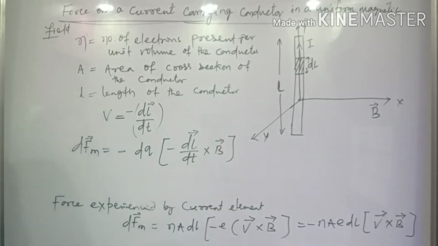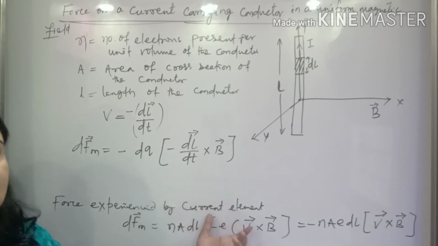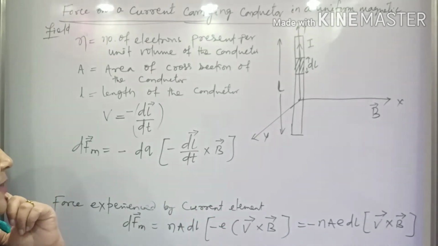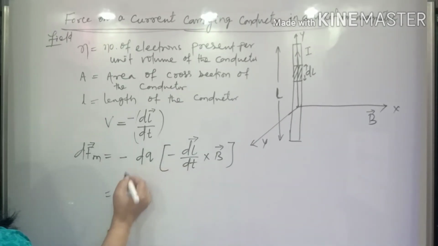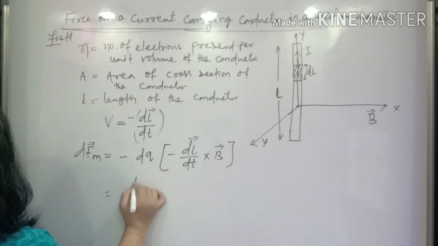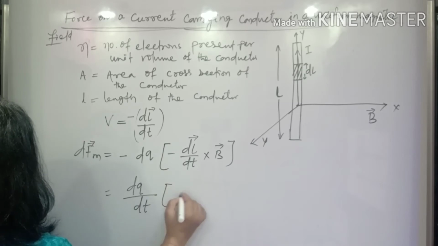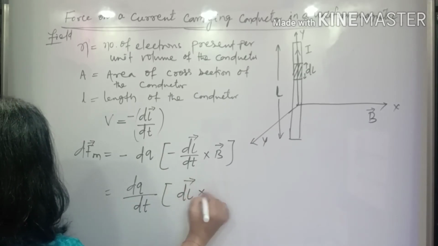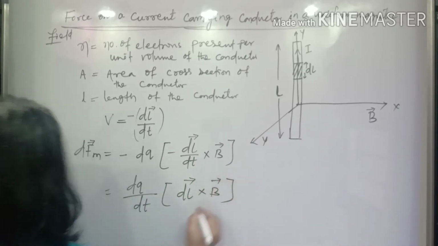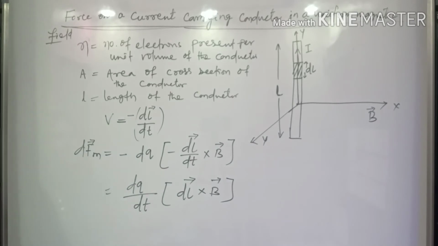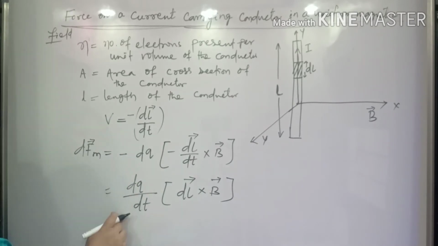Look at what I have said here. Up to this you understood what we have done. This is the total force experienced by this current element dl. If I take this minus out, this will be plus dq, take dt out, so inside this is dl cross B. Now what is dq by dt?